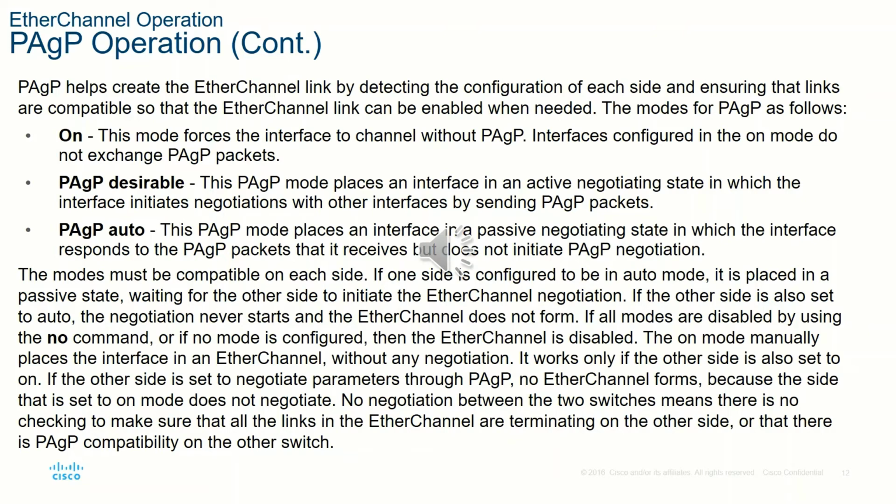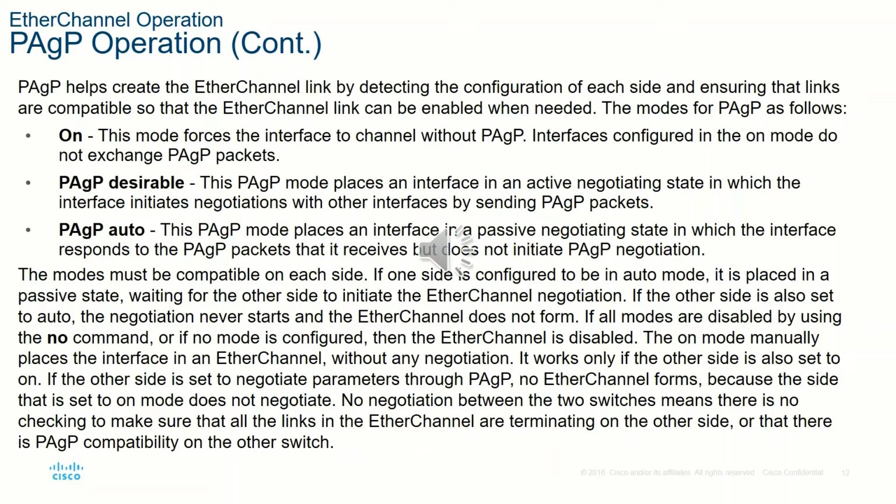We are configuring PAgP desirable at one end, and PAgP auto at the other end. In switch A we are configuring PAgP desirable, in switch B we are configuring PAgP auto. Whether the EtherChannel will be created? Yes. Why?